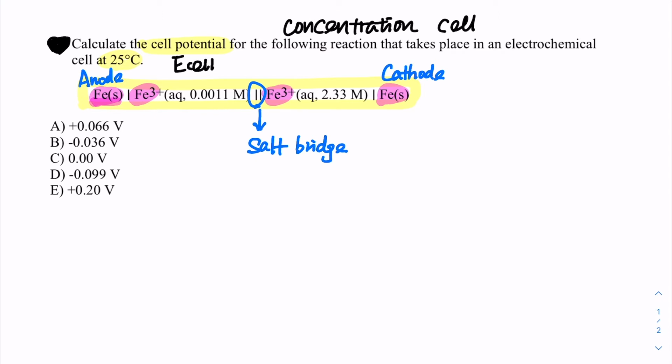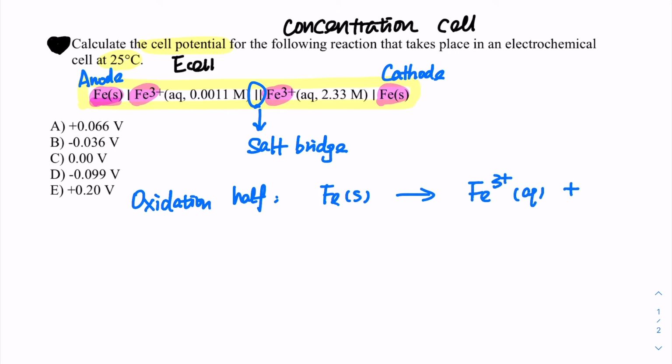At the anode, I have my oxidation half reaction, so let's write that. I have iron. Since the oxidation number increases, it turns into iron 3 plus ion and loses 3 moles of electrons.